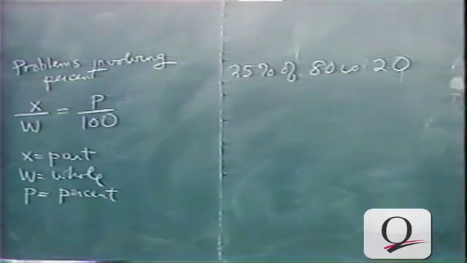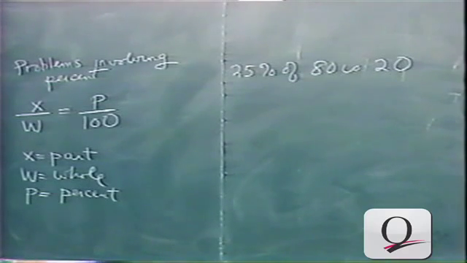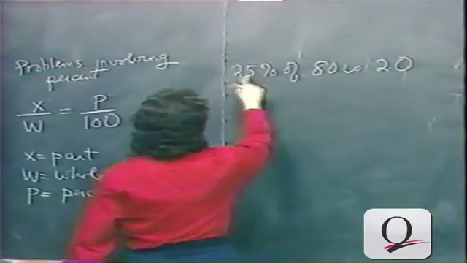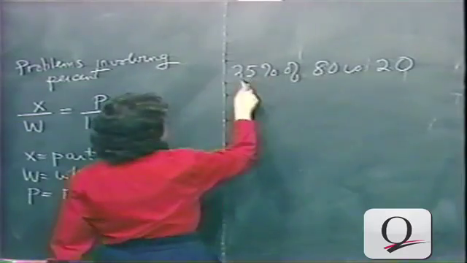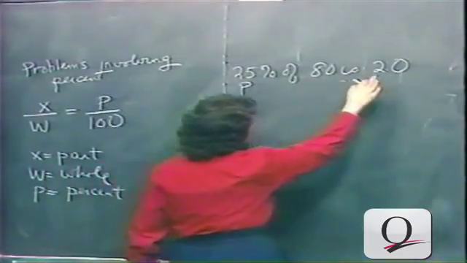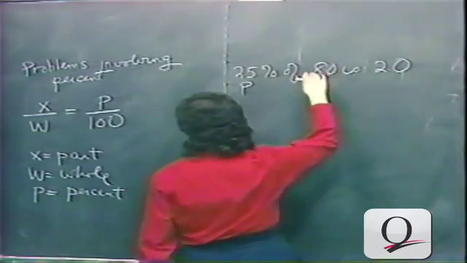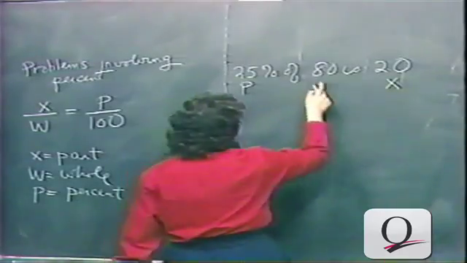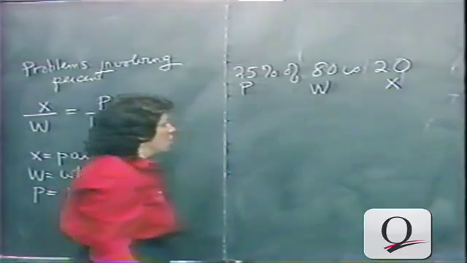In this particular statement, you are being given the x, the w, and the p for the proportion. In other words, when you see the number with the percent, that is the p. Of 80 is 20. 20 represents the part of 80. So 20 is the part, which is x. 80 is the w, which is the whole.